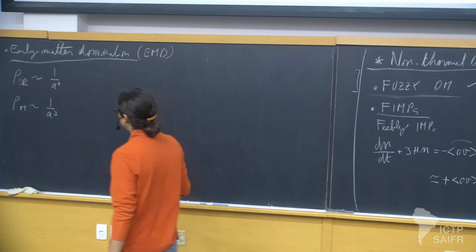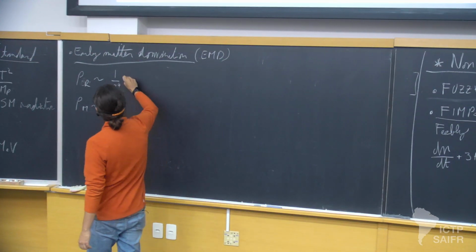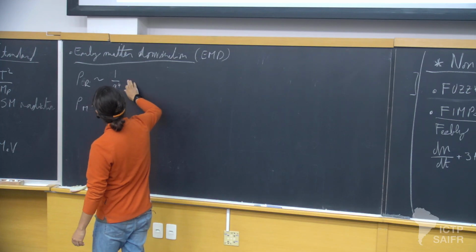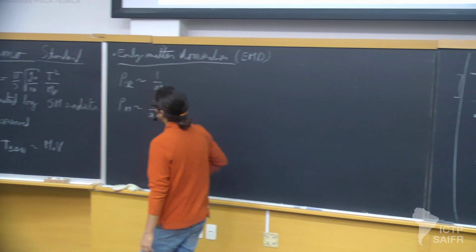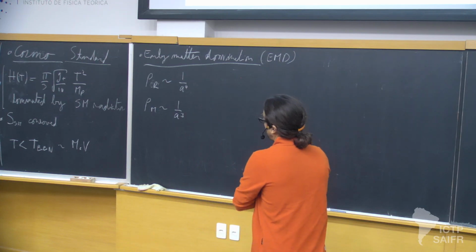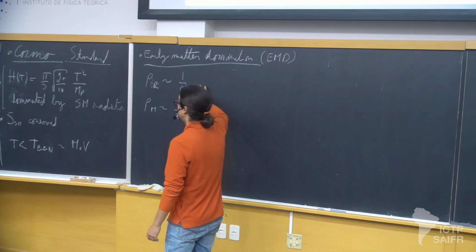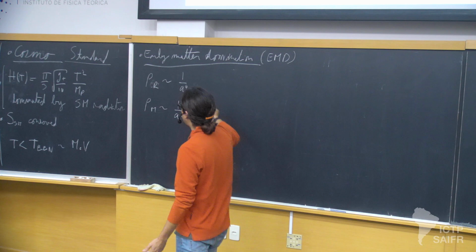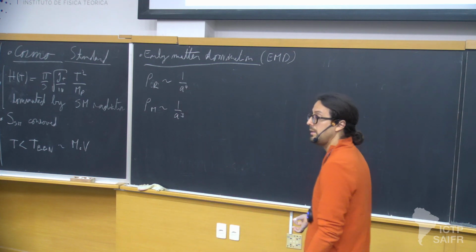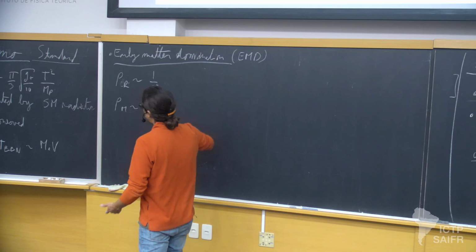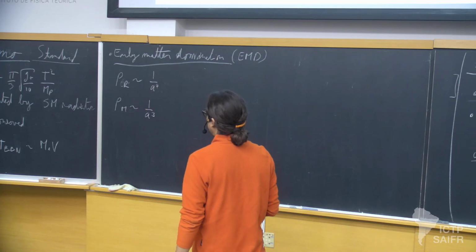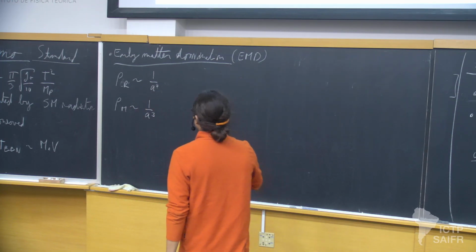So that means that the radiation energy density tends to become subdominant at some point with respect to matter, because it gets diluted faster. That's why, for instance, we have the matter-radiation equality in the early universe, because at some point dark matter becomes the dominant component. But that's not the idea.